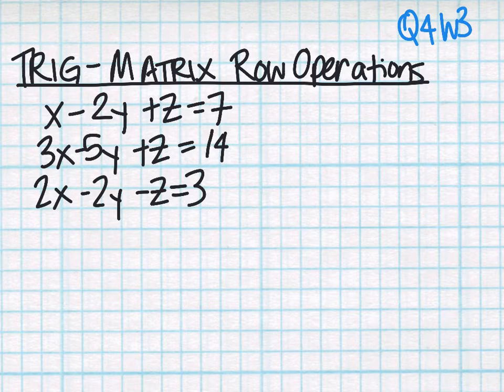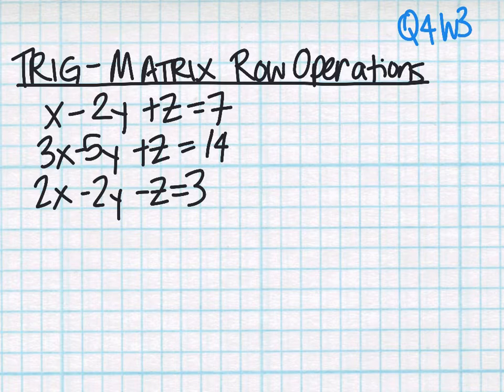And last week we used Gaussian elimination to turn this into triangular form. If you think about what we were doing, really, the entire process was just working with operations on the coefficients of each of these variables.